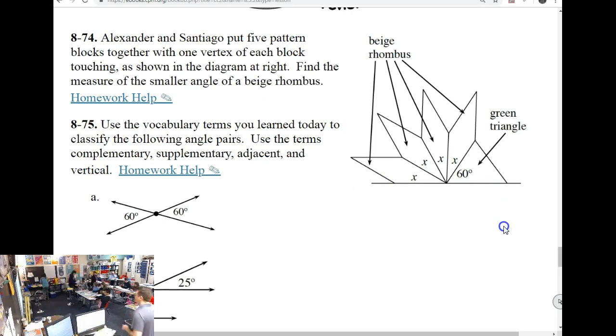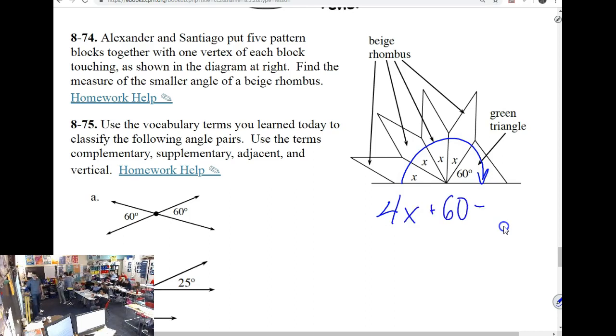So, I figured you guys might struggle on this a little bit. That one was if we draw that arc? It's 180. So 1, 2, 3, 4, 4x and a 60 make 180.